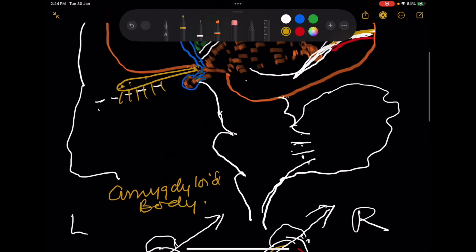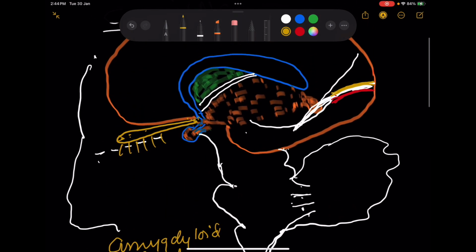And you must remember that the supply of this area, of the posteriormost pole, is from the posterior cerebral artery, which is a part of the vertebrobasilar blood supply.